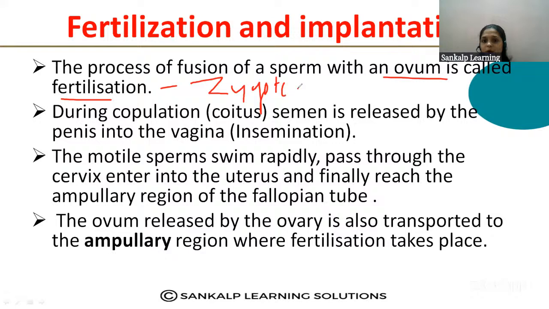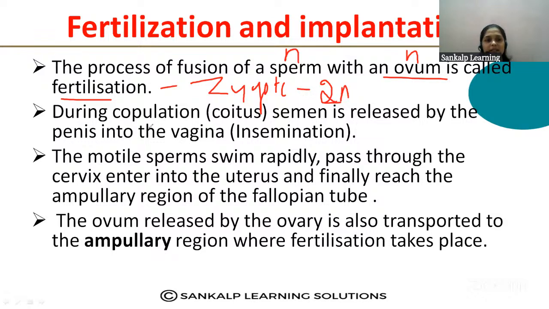And what is the ploidy of this zygote? Haploid or diploid? Yes, zygote is diploid, right? Because sperm is haploid and ovum is haploid, and when the sperm fuses with the ovum, that forms the zygote, which is diploid in nature.